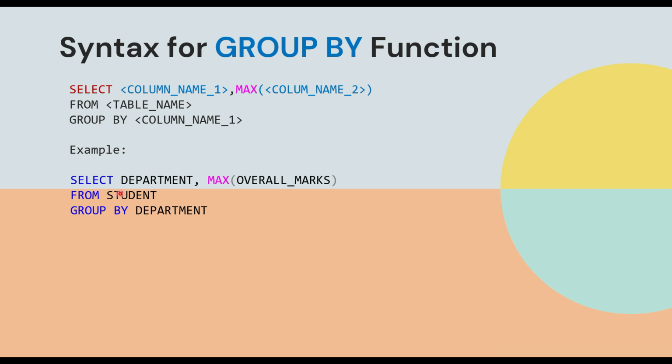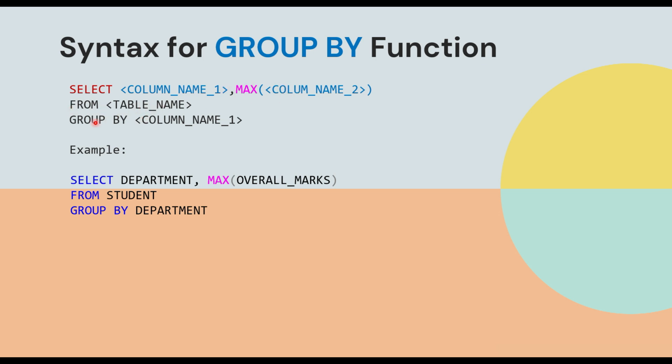For example, I want to know the maximum mark scored by a student in each department. So first let's see the syntax. You need to specify the column name, then a comma, then the aggregate function which you want to perform. I've performed a max of column 2. This column and this column should be different, otherwise it will work but it doesn't make any sense.